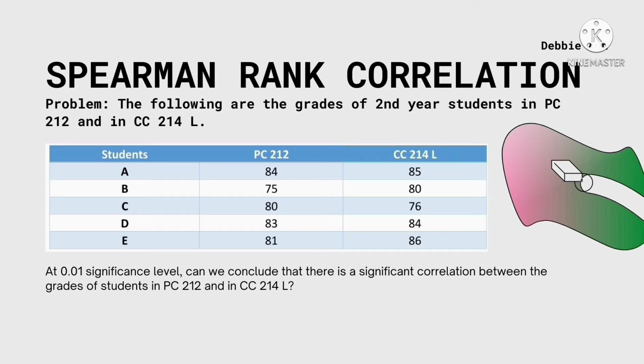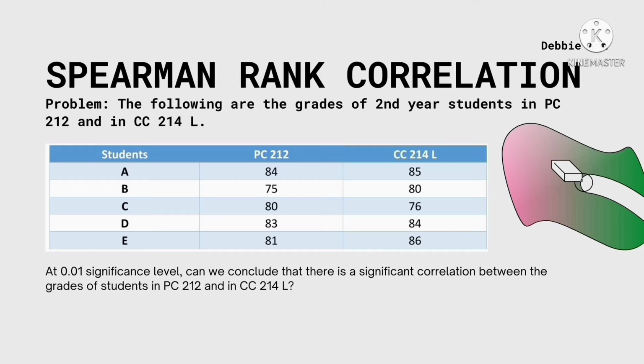Spearman rank correlation problem. The following are the grades of second-year students in PC212 and CC214L. Student A: PC212 grade 84, CC214L grade 85. Student B: PC212 75, CC214L 80. Student C: PC212 80, CC214L 76.